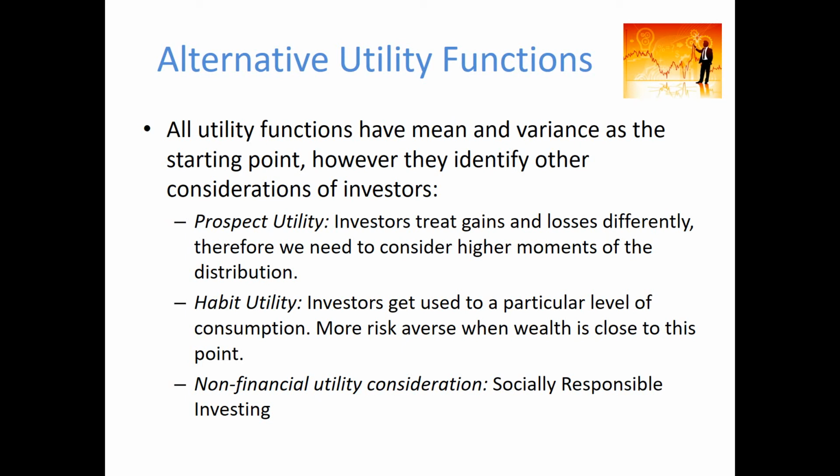And last of all is non-financial utility consideration. Non-financial utility consideration states that investors are not only concerned about the mean and variance. That means they not only try to maximize their return and minimize their risk, sometimes they may get higher utility from investing in socially responsible investment alternatives.